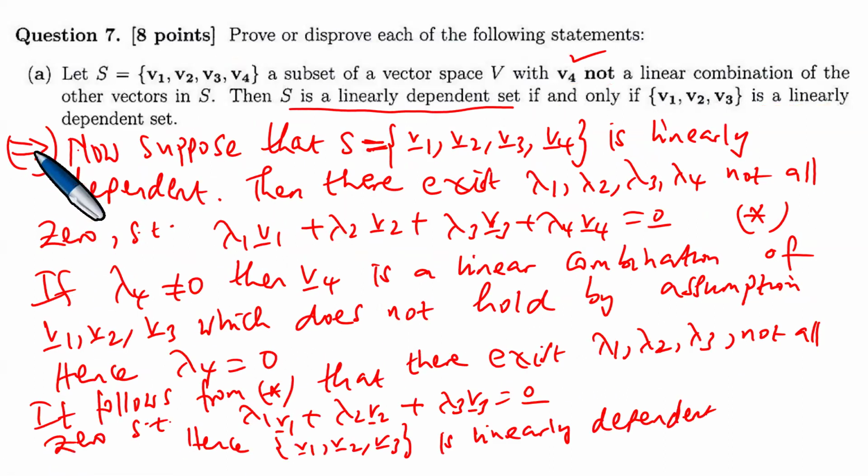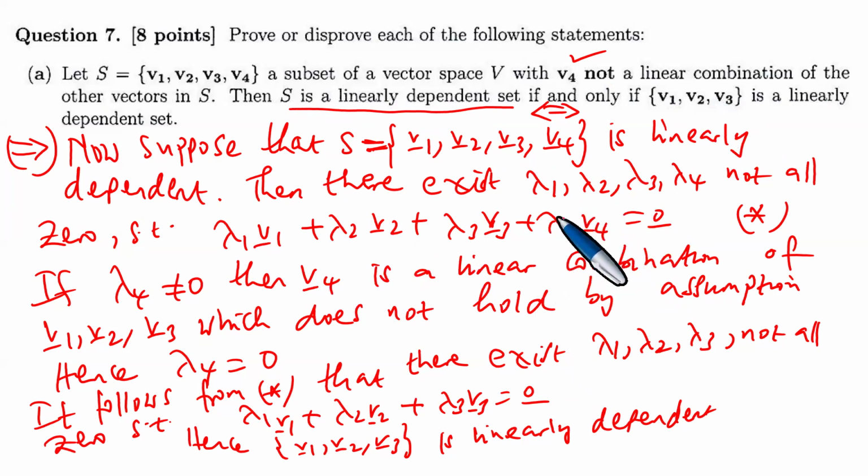Then, because the if and only if is in both directions, proving the forward implication was a bit more effort. We start with the set S that has 4 elements, meaning we have 4 scalars and can write this particular linear combination. But now we want to reduce these 4 vectors to 3 vectors.